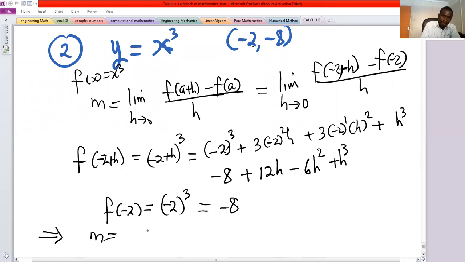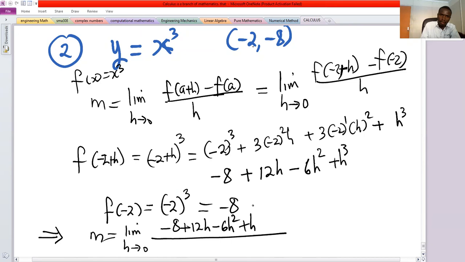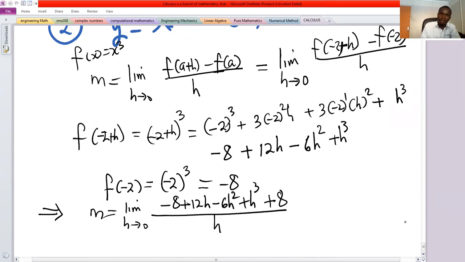So the gradient is the limit as h approaches 0 of -8 plus 12h minus 6h squared plus h cubed minus f of -2, which is minus -8, so plus 8, divided by h.